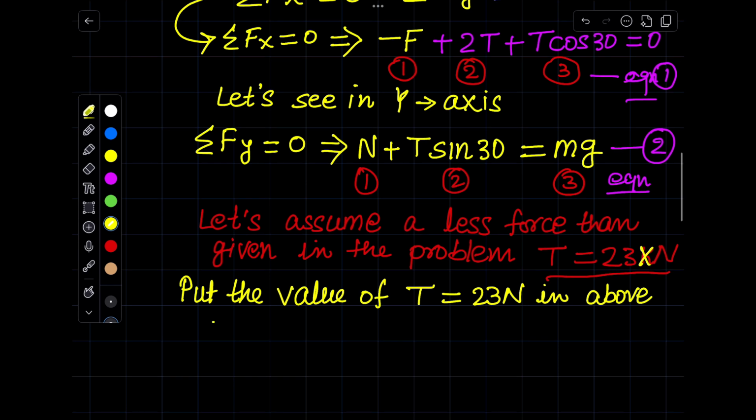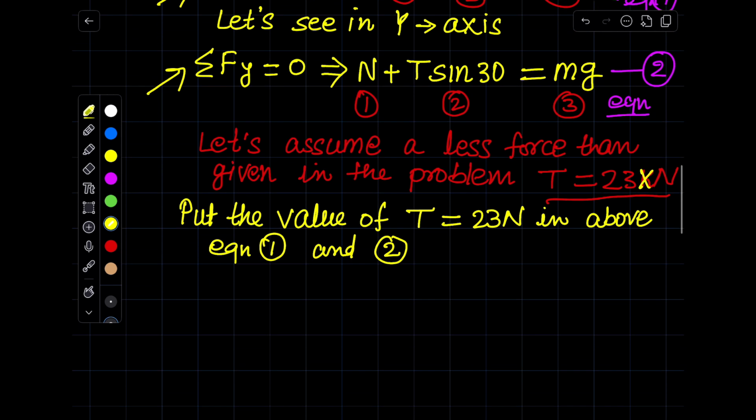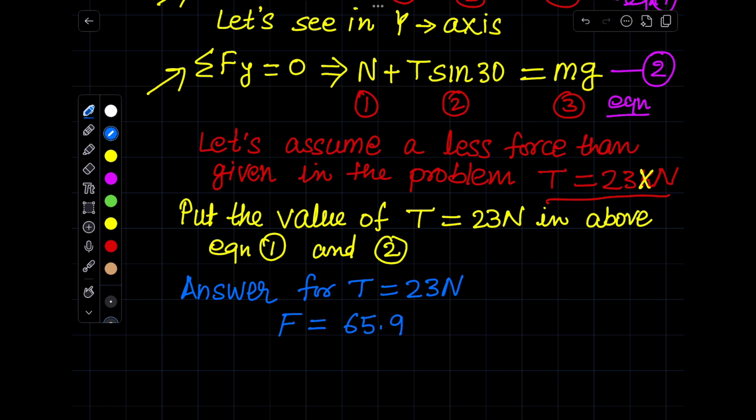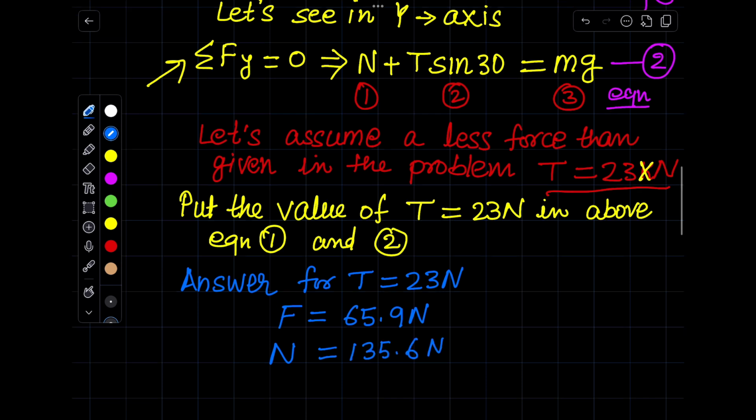In both equations, there are two unknowns: one is force F and the other is the normal force N. By simply calculating both equations, the value for F is 65.9 Newton and the normal force is 135.6 Newton.